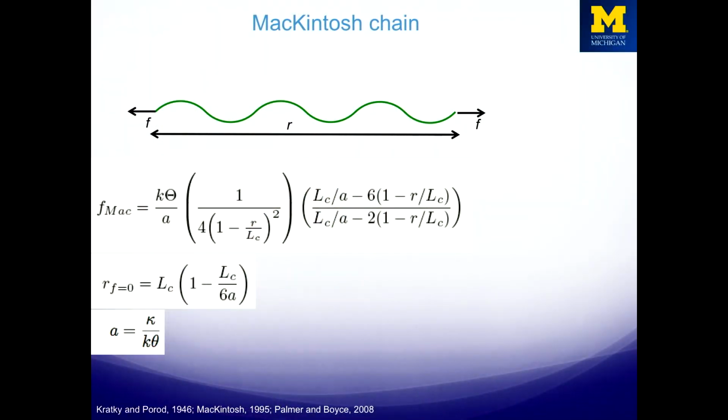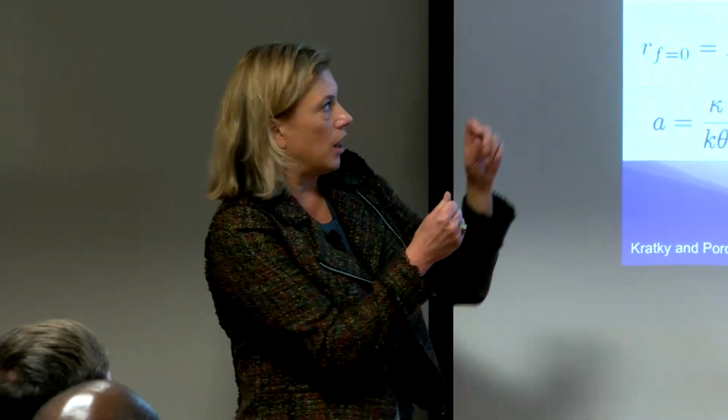And so we like to use models that are physiologically related to what we're trying to explore here. So to model a collagen fibril, we used, in this case, the Macintosh chain model.